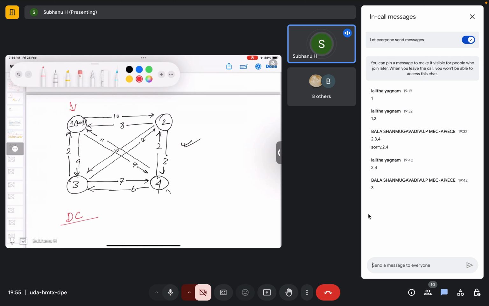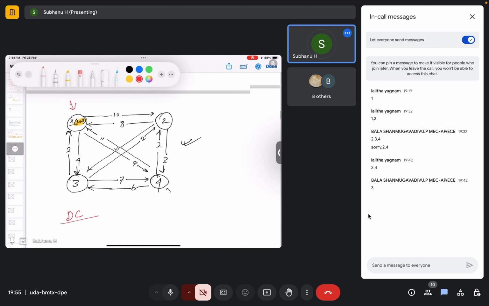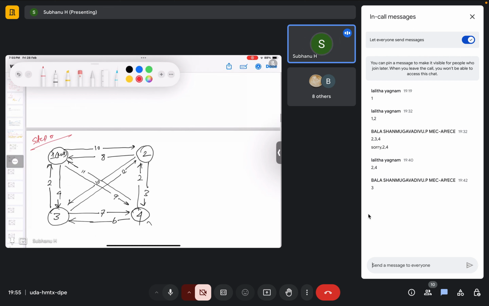If I don't give you this information, how will you understand which one is my root node? I should find out the node with the highest sum of outgoing edges.